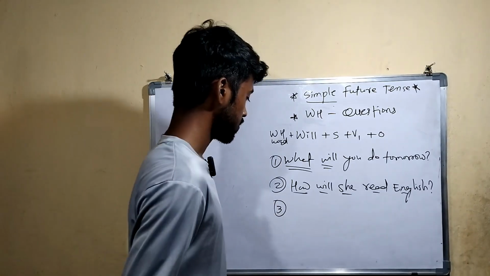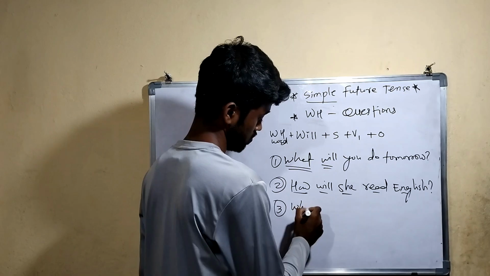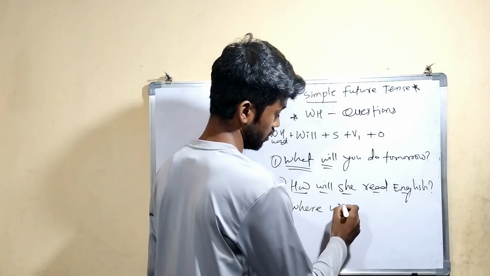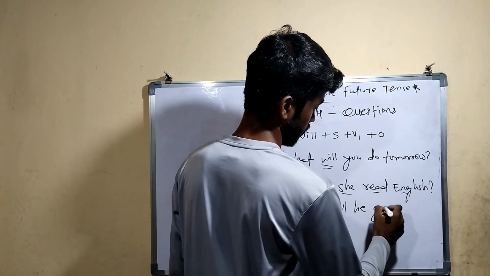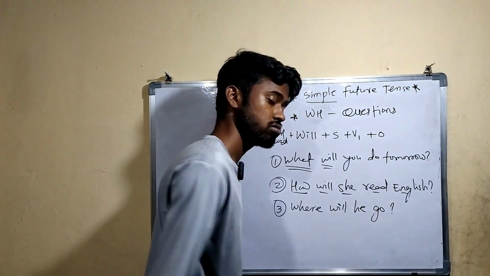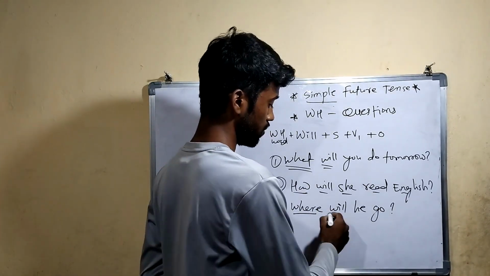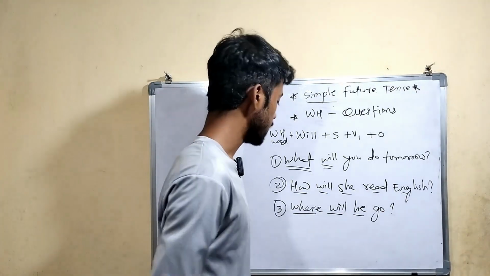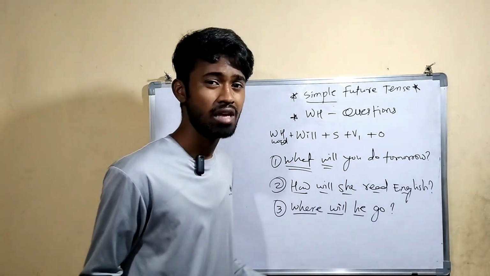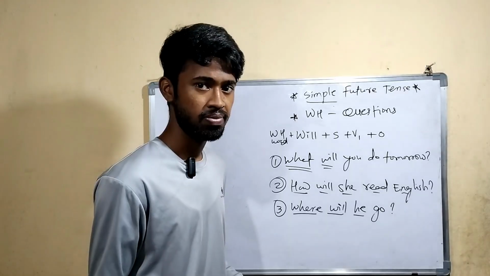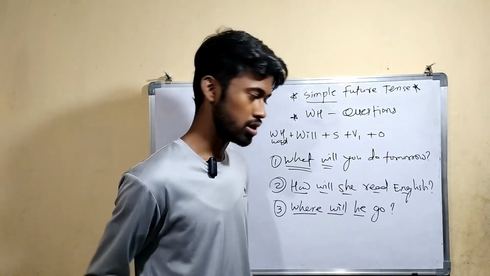Next, where will she go? Where will, not she this time, will he go? Where will he go? So here this is WH word followed by helping verb, subject and the first form of verb. It is not needed every time that object should be there. Even if object is not there, it's fine. Still it is a complete sentence. So this is an optional part. Object is optional in any sentence.